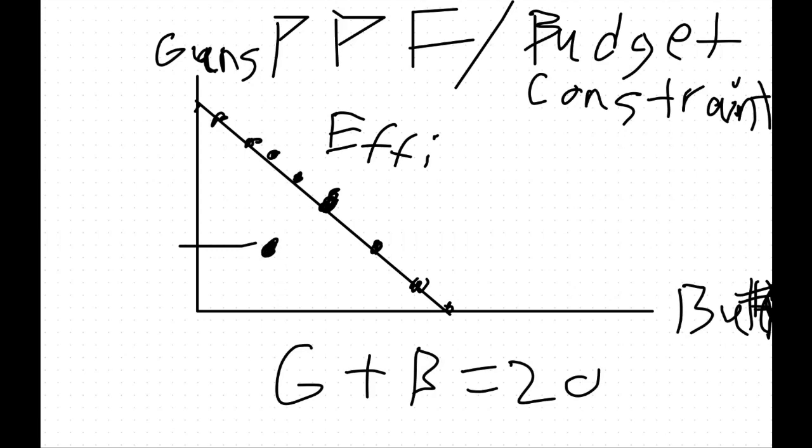For example, here, let's label it red so you know it's bad. This is an inefficient point because you could produce instead here, and then you would have more guns and more butter. And then you're also going to have points on the outside of the production possibilities frontier, which are called unattainable. They're just not possible. This region is the only region you can produce, and you always want to be on the efficient frontier, producing as much stuff as you can.